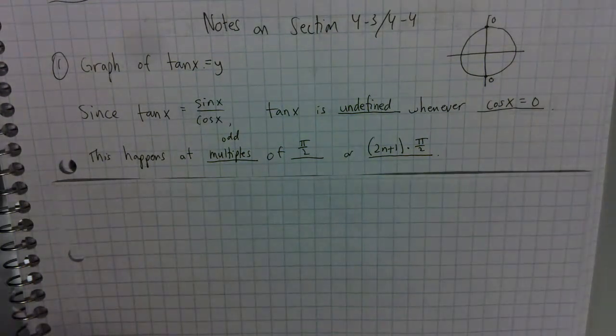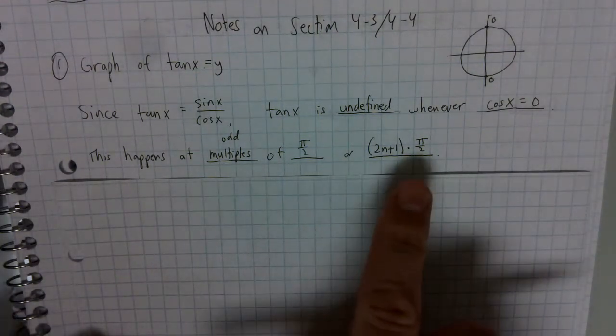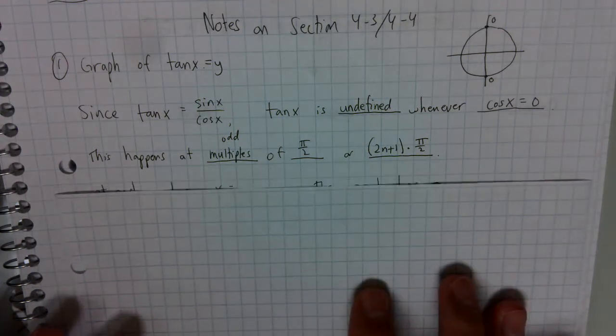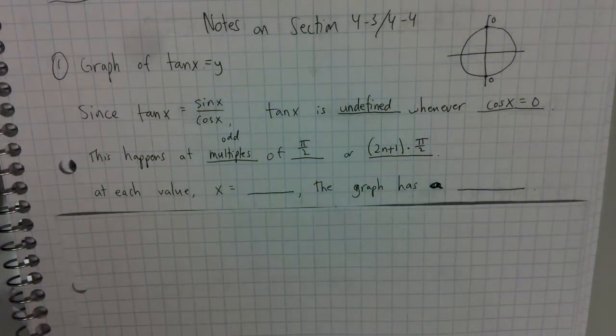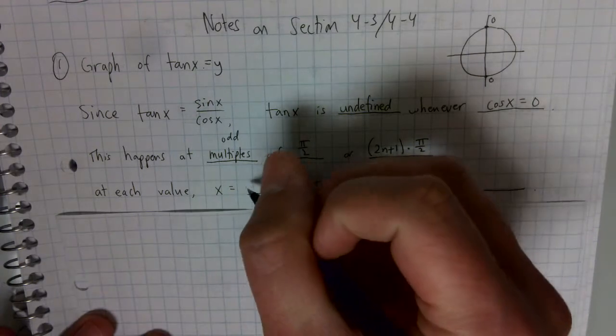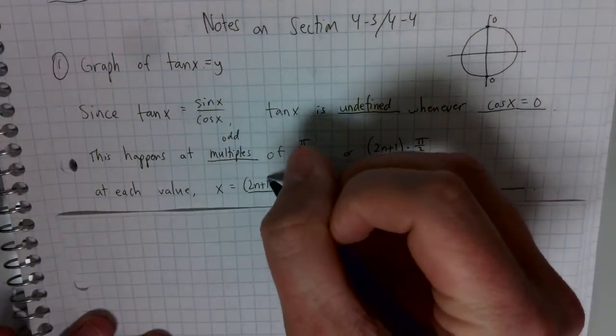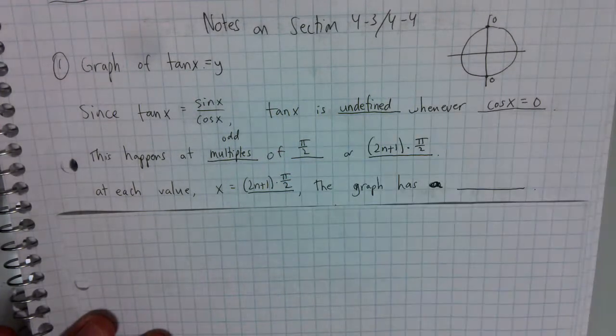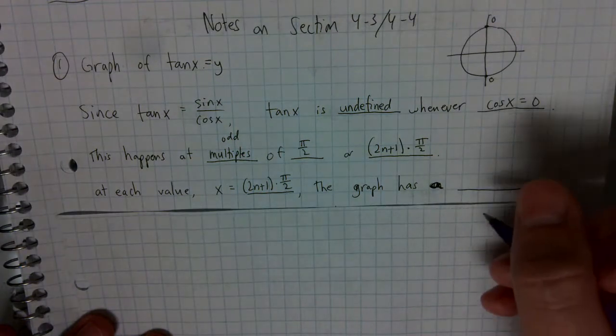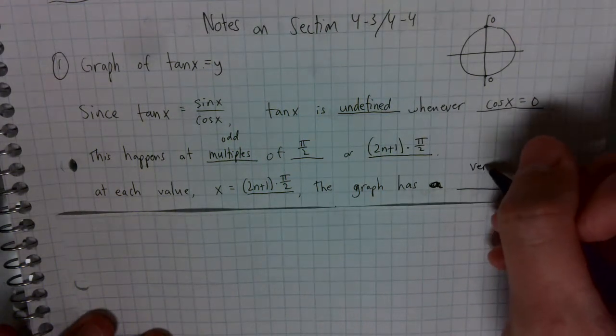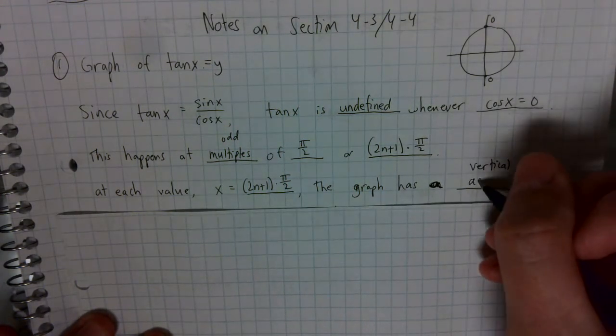So whenever we get an angle of any sort of odd multiple of pi over 2, the tangent function is going to be undefined. So at every value where this is true, where that x value is one of those 2n plus 1 times pi halves, the graph has what's called a vertical asymptote.